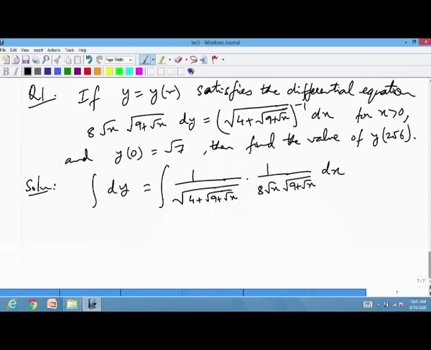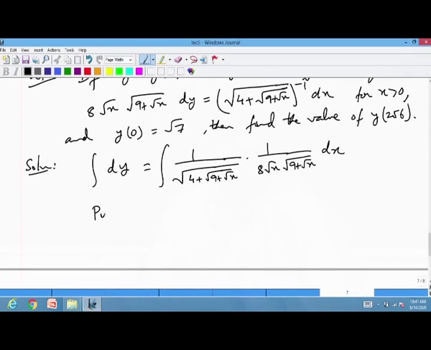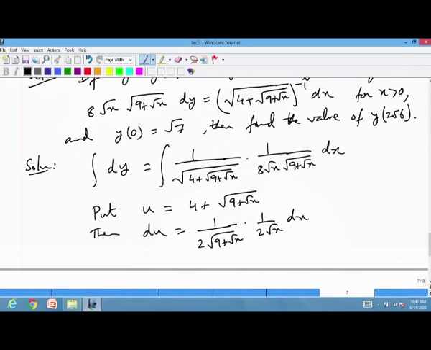Now, how to integrate this? Suppose we put u equal to 4 plus square root of 9 plus root x, then du is equal to, the derivative of this will give 1 by 2 square root of 9 plus root x times the derivative of 9 plus root x, which is 1 by 2 root x dx.